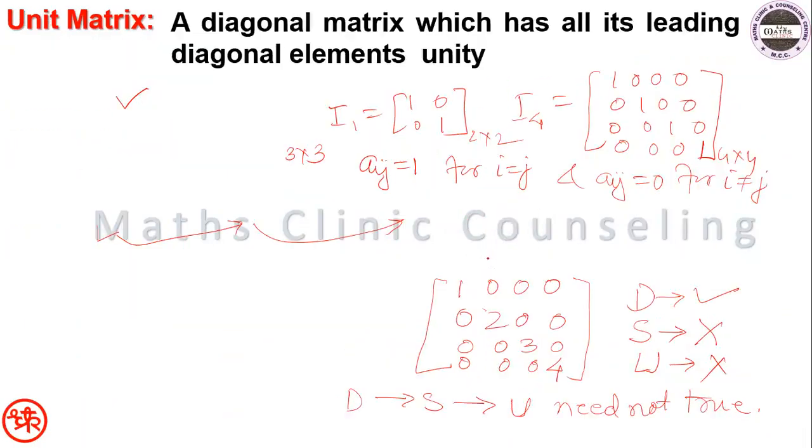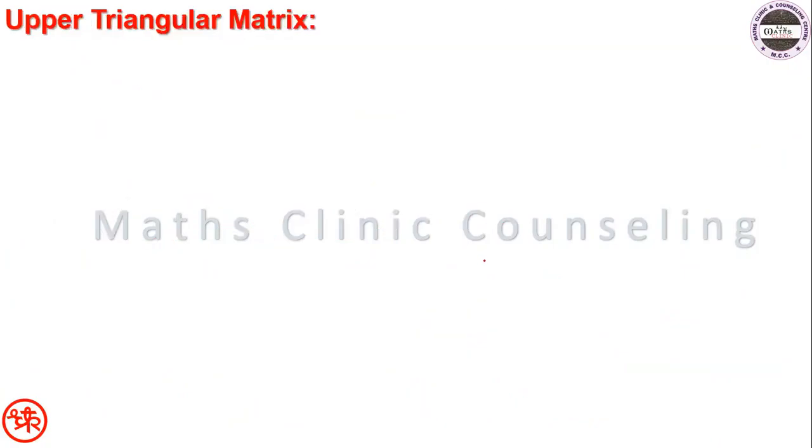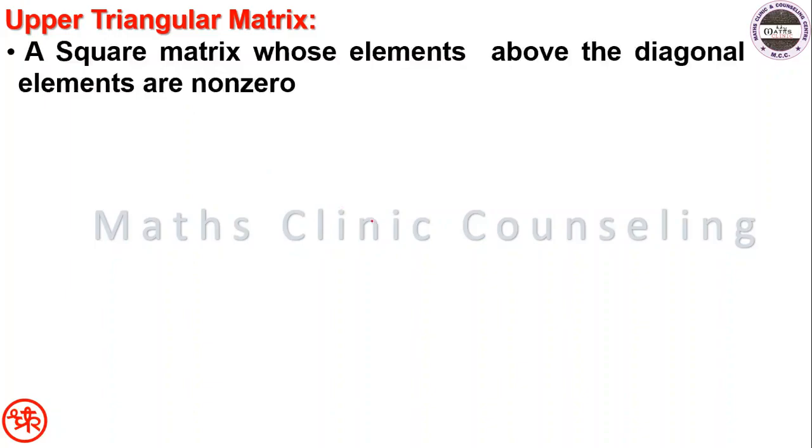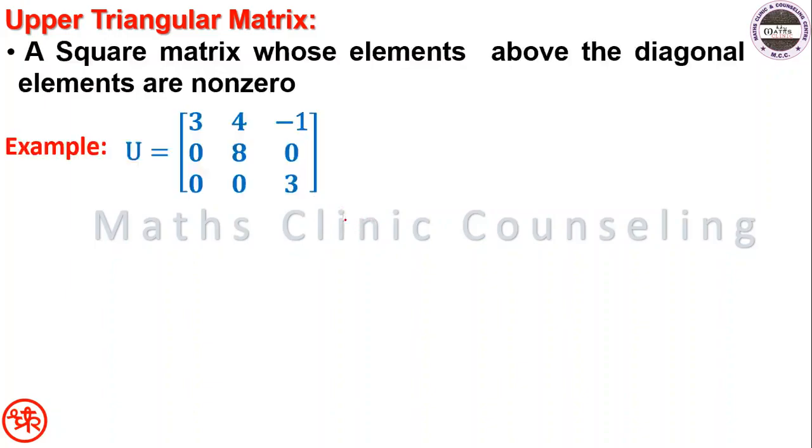Okay, so now let us see upper triangular form. A square matrix whose elements above the leading diagonal elements are non-zero. Okay, leading diagonal elements, look at here. Which are the leading diagonal elements? 3 8 3.